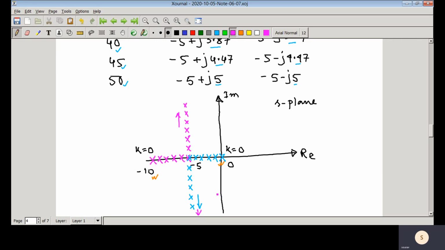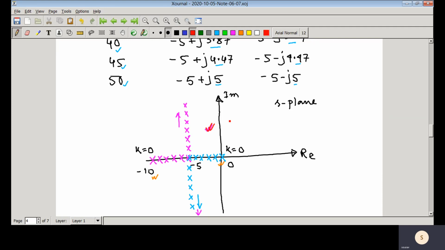So whatever be the range of that k, if the locus of the roots is like that, then the closed loop poles are always in the left half of the complex plane, so the system would be stable when k is varying in the positive range, that is 0 to infinity.